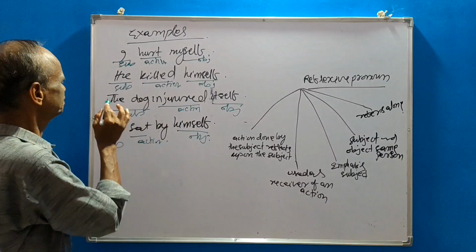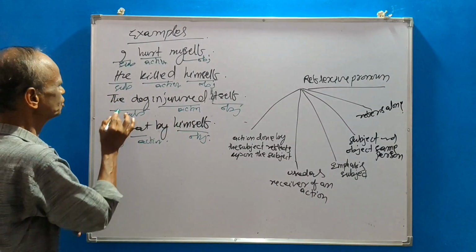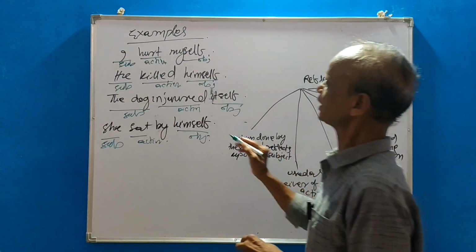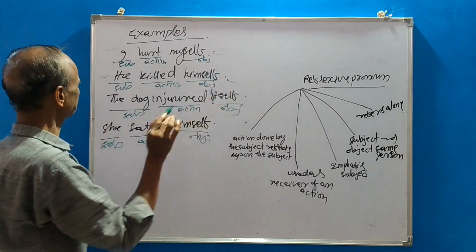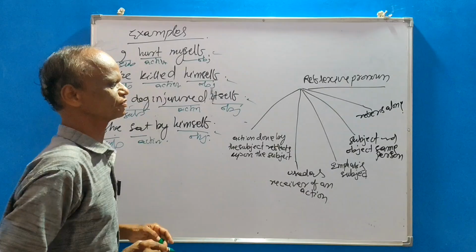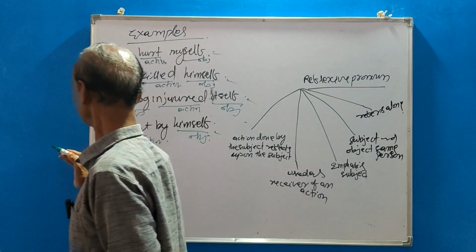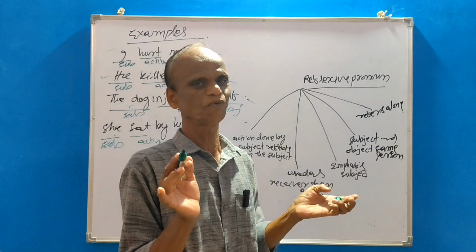He killed himself. The dog injured itself. Next, subject and object are the same person. I and myself, same person. He and himself, same person. The dog and itself, same person. Next, refers alone. Yes, I, he, she, it refers alone. That is reflexive pronoun.